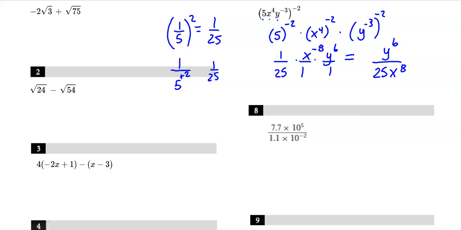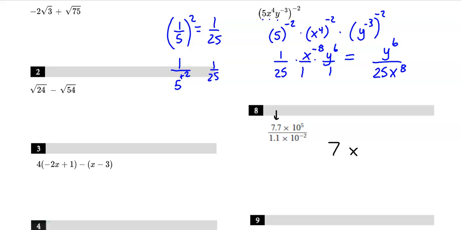All right, moving right along, number 8. I'm going to grab my calculator here. Actually, I don't have to grab my calculator on this one. So this is scientific notation, and I'm going to divide these two out. So this part I just do normal division. 7.7 divided by 1.1 is 7. Now I'm going to do my powers.